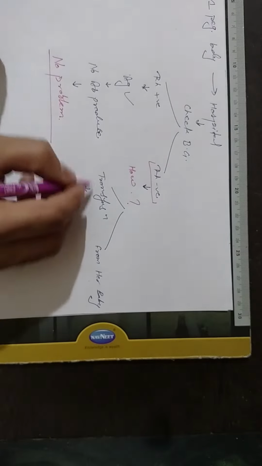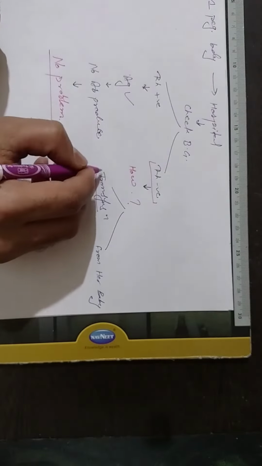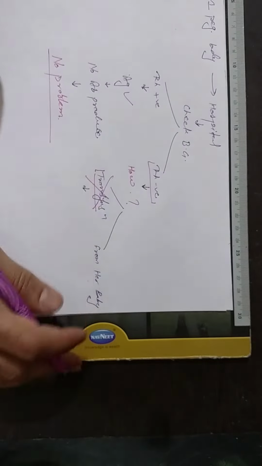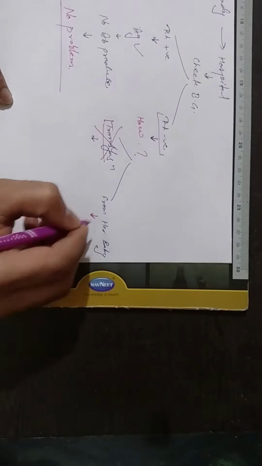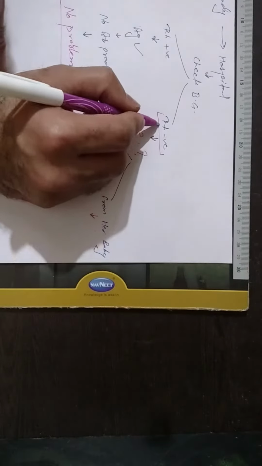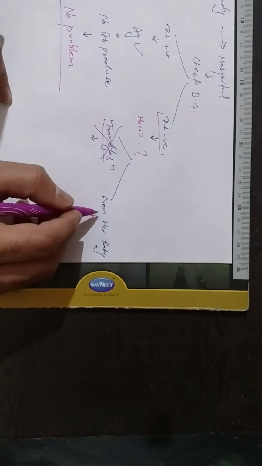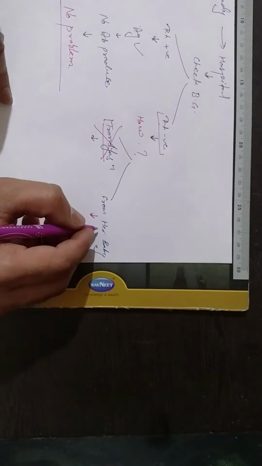These days, before giving the blood transfusion, we are doing proper cross matching of blood groups, so this is not possible. Eliminate this. What are we left with? That Rh negative lady, she can receive Rh positive antigen from her baby.